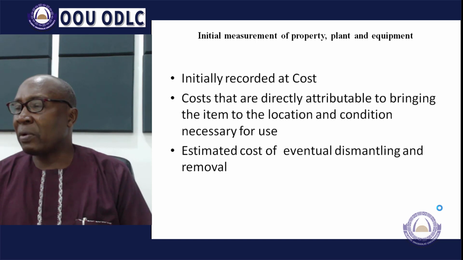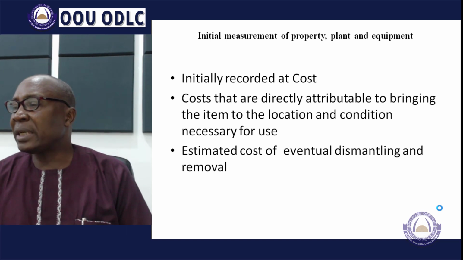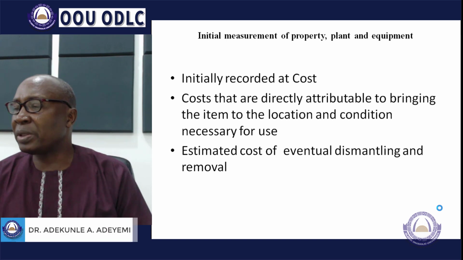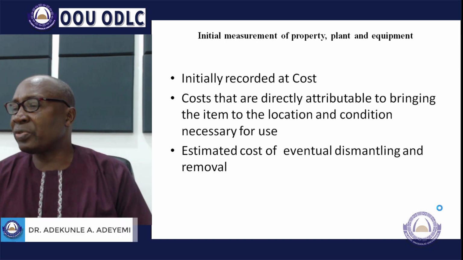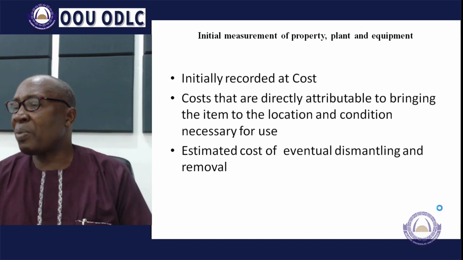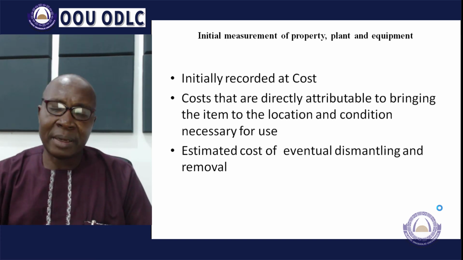In general, therefore, administrative costs and other general overhead expenses are not part of the cost of an item of property, plant and equipment. The recognition of cost ceases when the asset is in the location and condition necessary for it to be capable of operating in the manner that is intended by management.